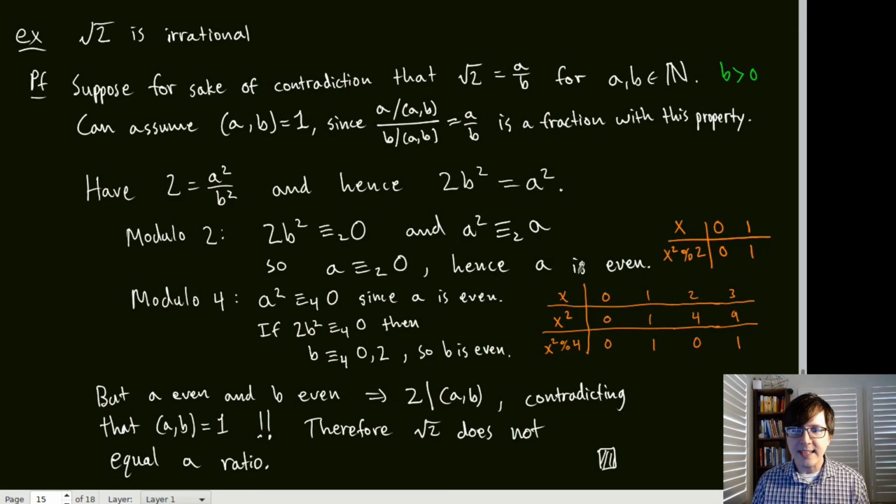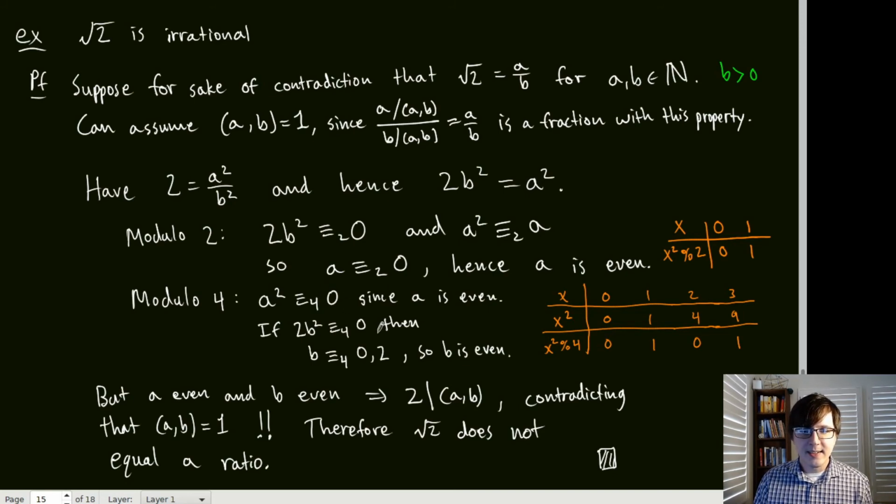So since a is even, a is one of these two cases. It's either 0 mod 4 or 2 mod 4. And since it's one of those, when we square it, we get either 0 or 0. So a squared is 0 mod 4, just by looking at this table.